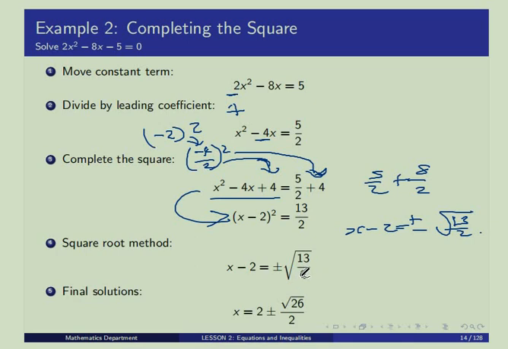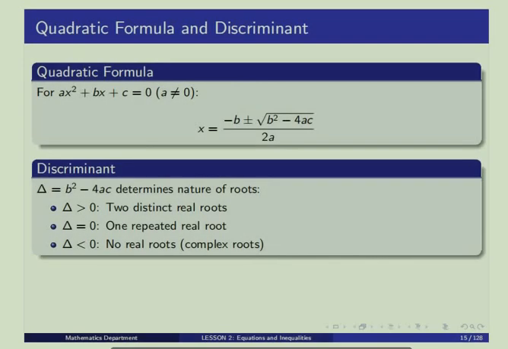Simplifying this, what we did here was just multiplying by 2, so this will be 26 over 4. We know the square root of 4 is 2, so that's why you get square root of 26 over 2. So that's the completing the square method.